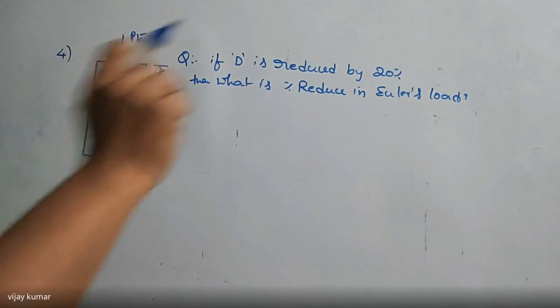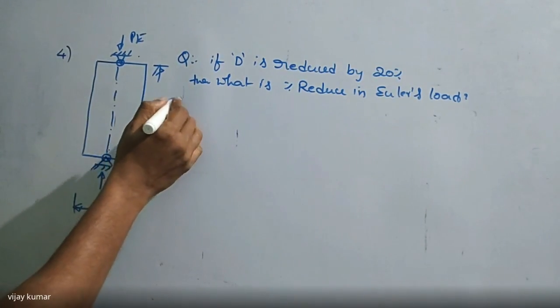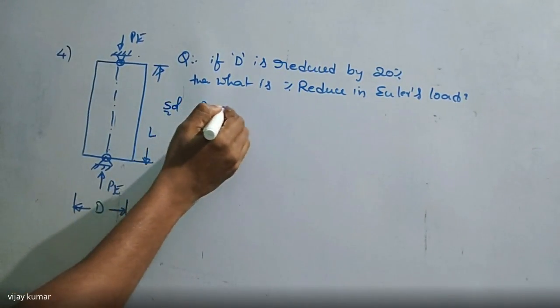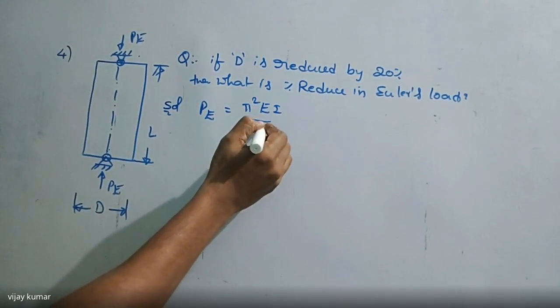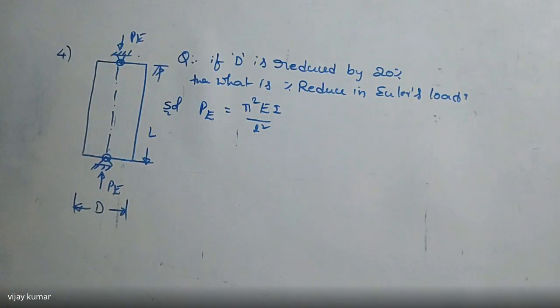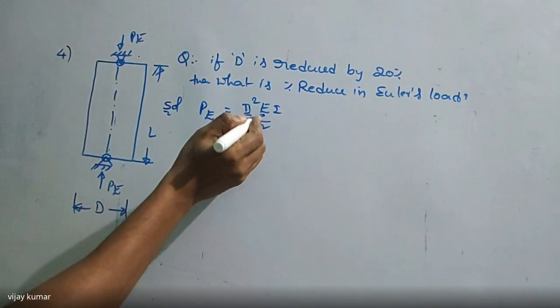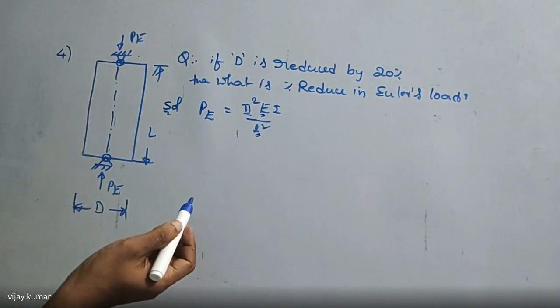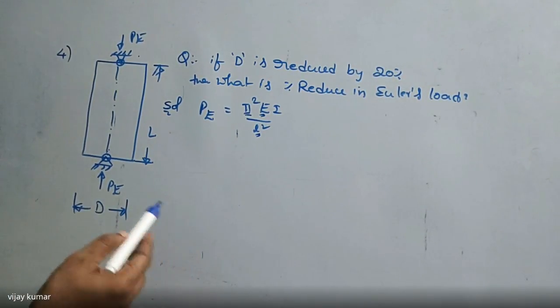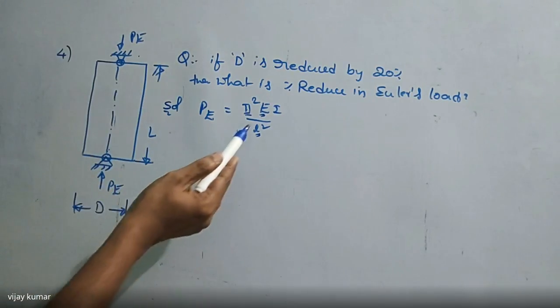So here, when both ends are hinged, generally P is equal to pi square into E into I divided by L square. Did you get it? So here pi is constant, E is constant, L is constant. When the diameter is reduced by 20%, the material is the same, so L is also the same.